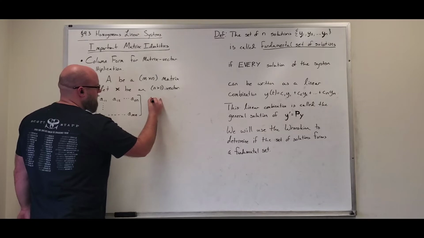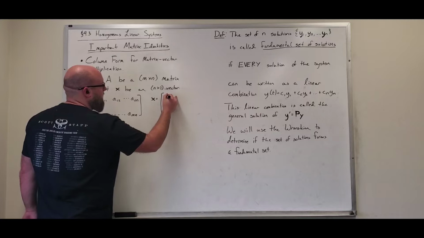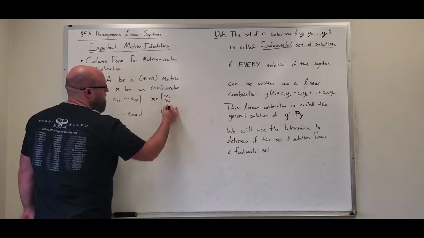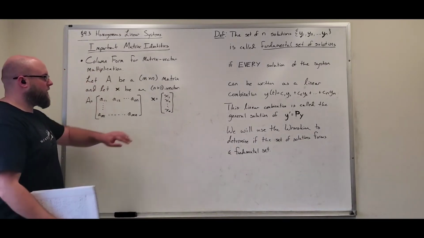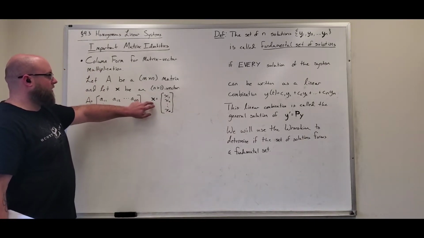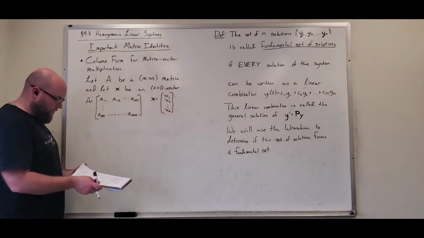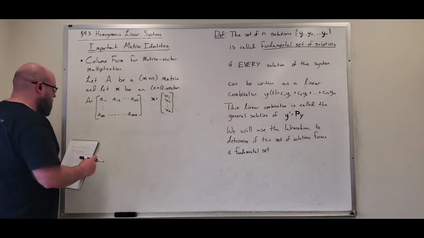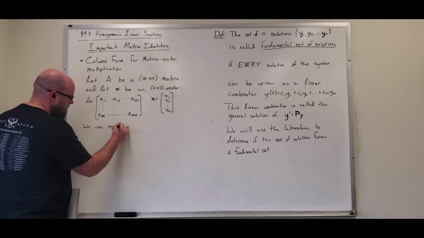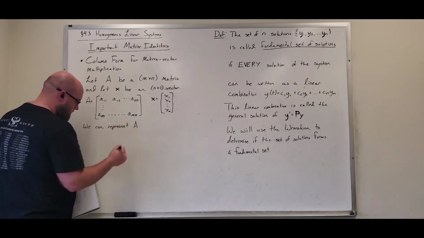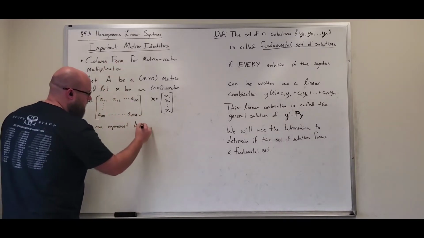And X, as best as I can here, is going to be X1, X2, up to X sub n. Notice that the notational difference is very slight with my handwriting, but if you saw this in typeset, this is a bolded X, and these are little script X's or math font X's. All right. We can represent A in a column form.